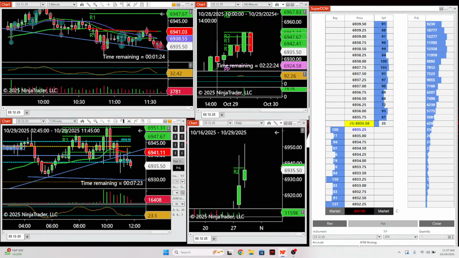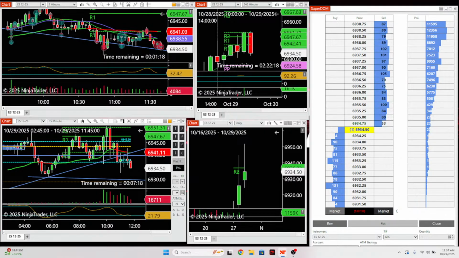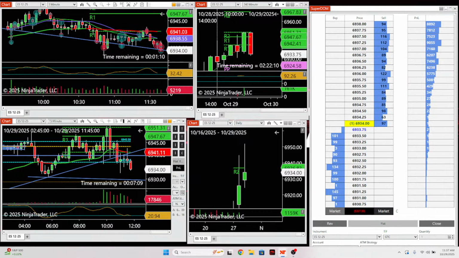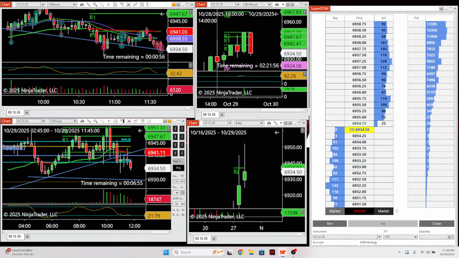Okay, that's it. I'm gonna leave from out of here because it may go lower, but it may close the gap. We got 8 points to close the gap. We opened at 30, 29, and we closed at 25.